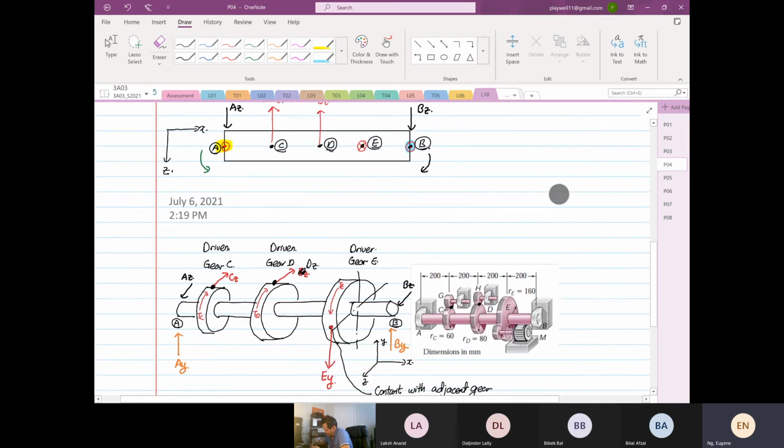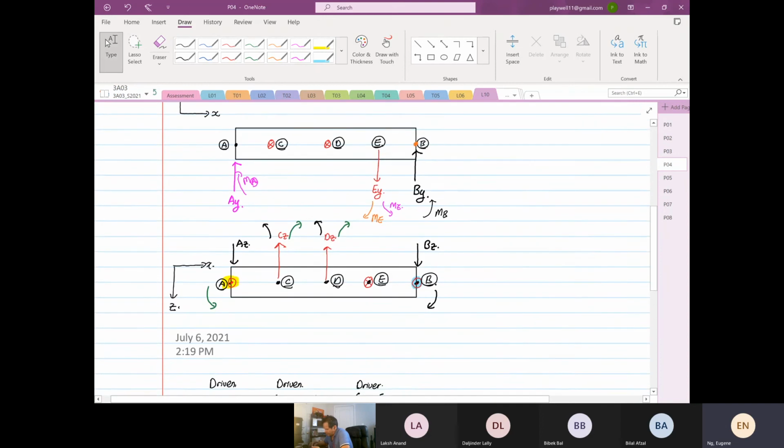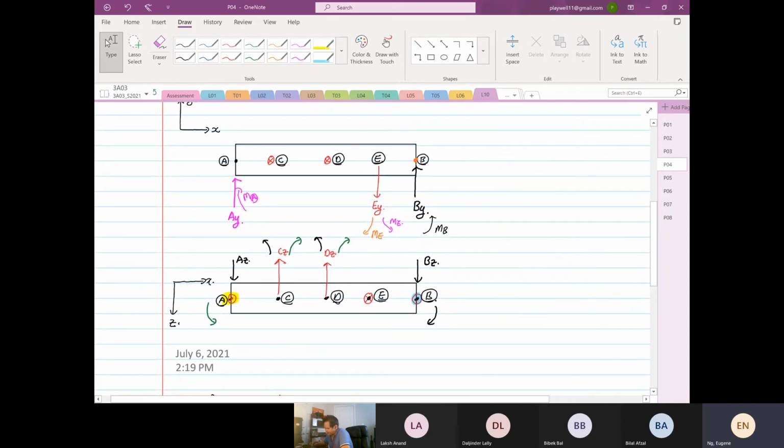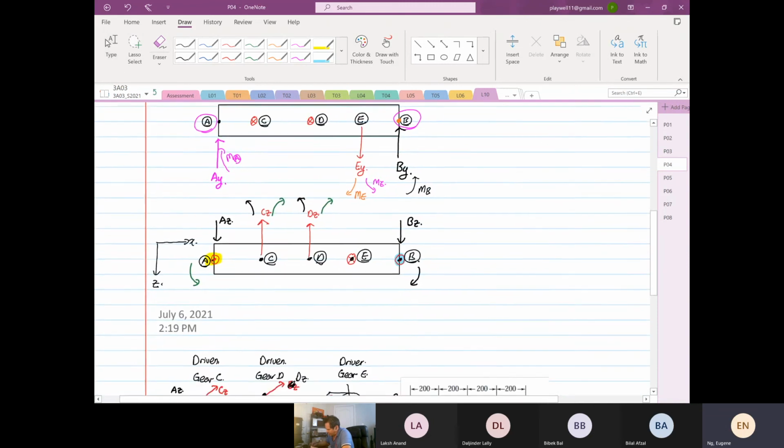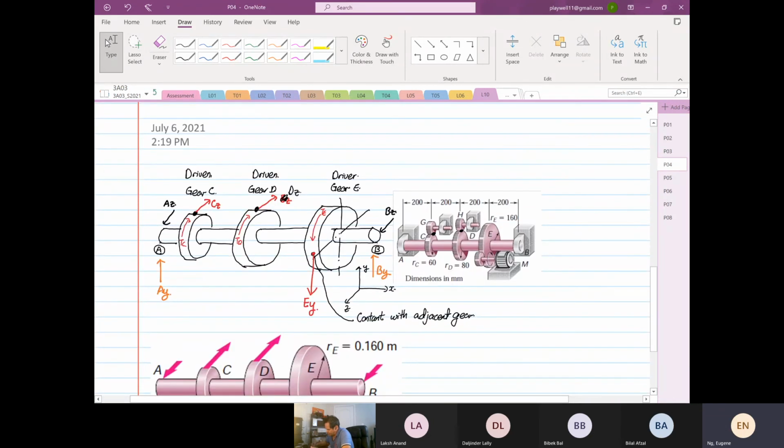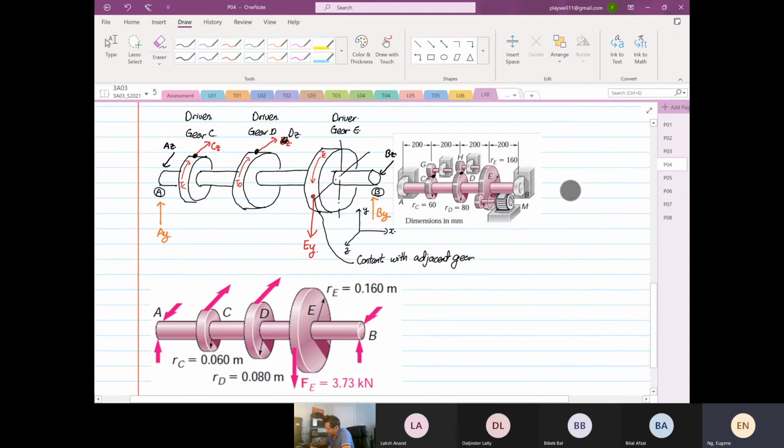Then from here you set up and find the reactions at the ball bearings, at position A and at position B. Remember, we have two directions, Y and Z direction forces. Then you resolve your forces.